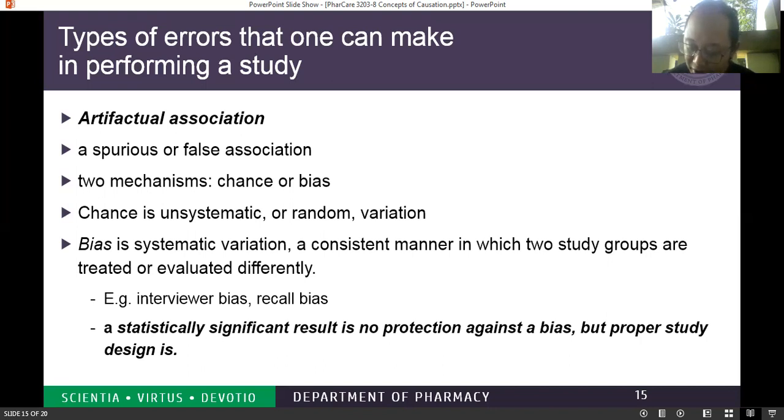So just for a little bit of practice, if I ask you what did you do on Monday two weeks before this week, you may already forget what you did. That kind of thing is called recall bias.